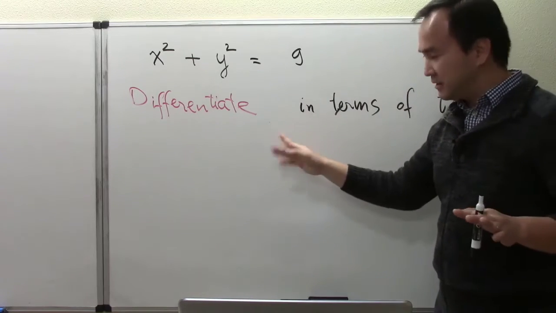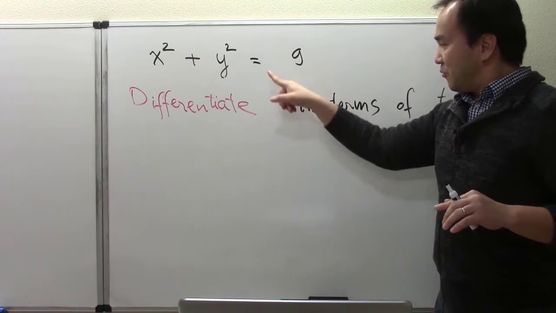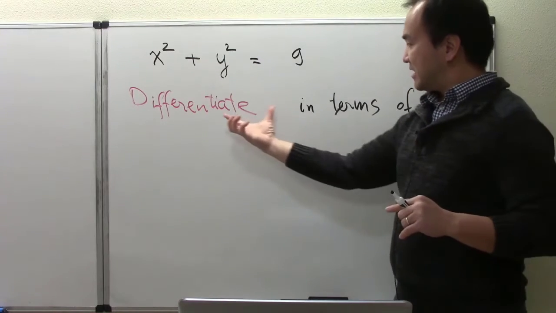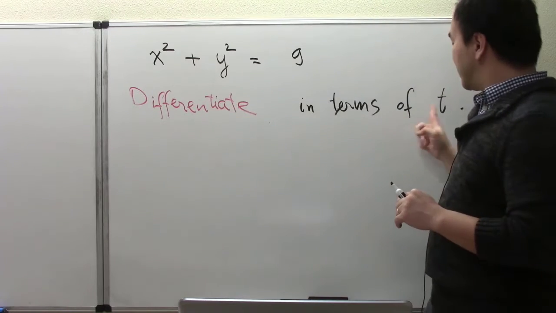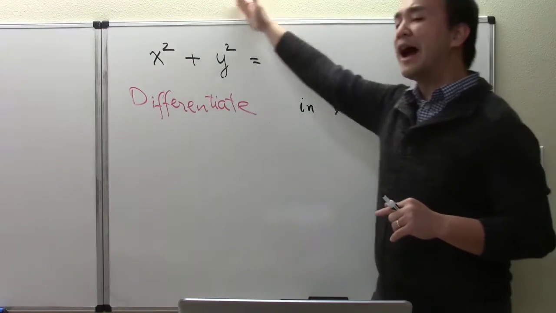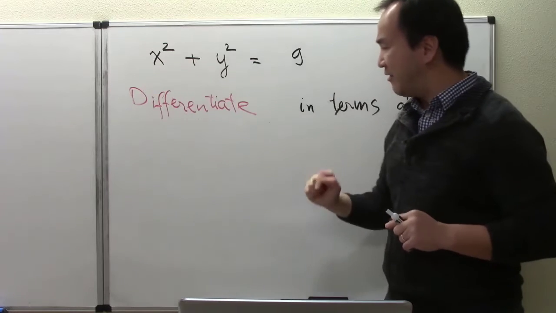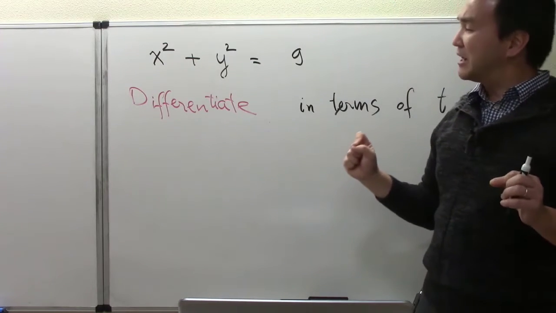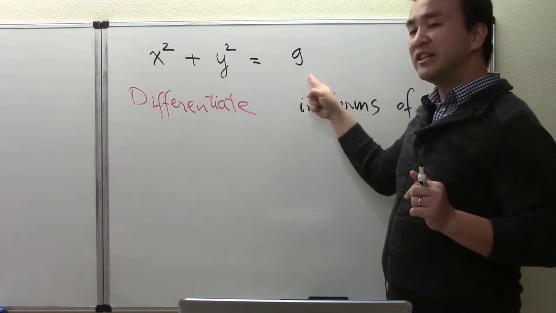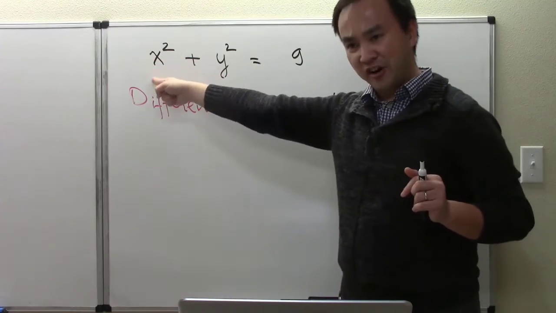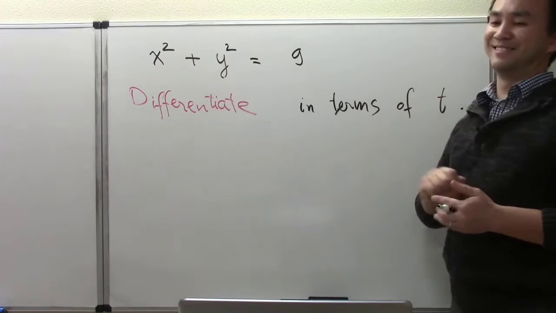There's no missing thing. What it really means, anytime you're instructed to differentiate in terms of a variable that's completely outside of your equation, is this, and this is how I want everybody to see it: every variable that currently exists in your equation is a function of t.